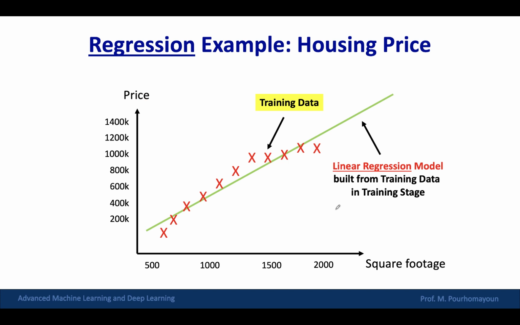So I have training data in regression. Linear regression is the simplest, of course, model. In many cases, we really don't use linear regression because usually the data is not linear. The data does not have a linear pattern, but still it works.